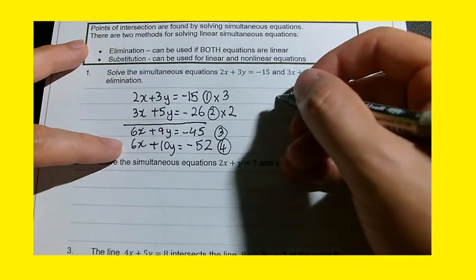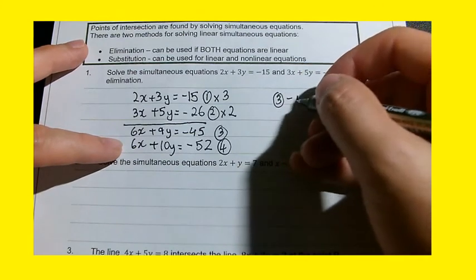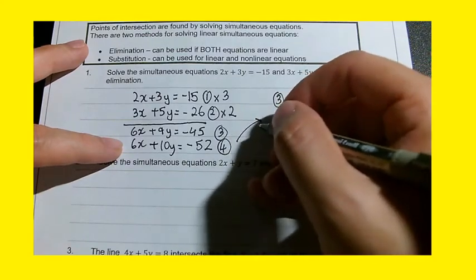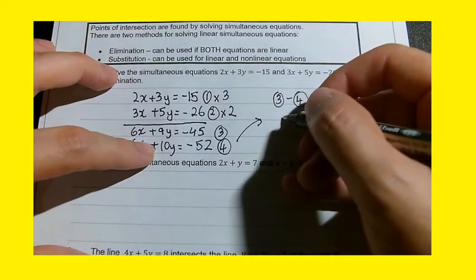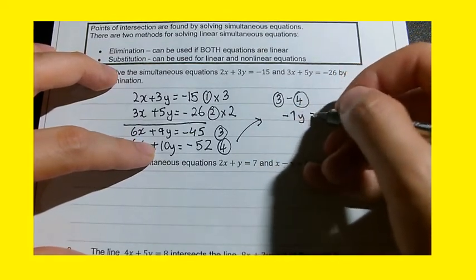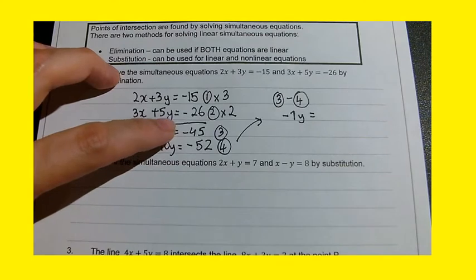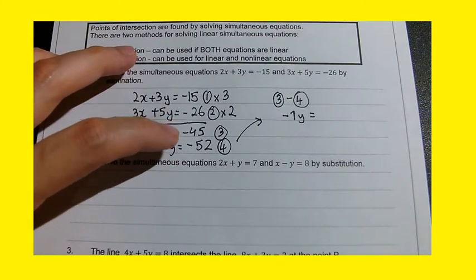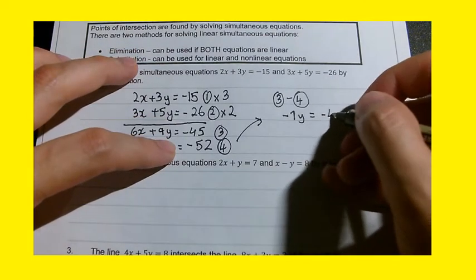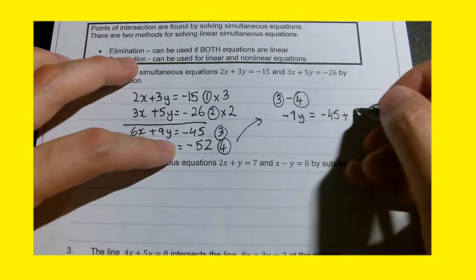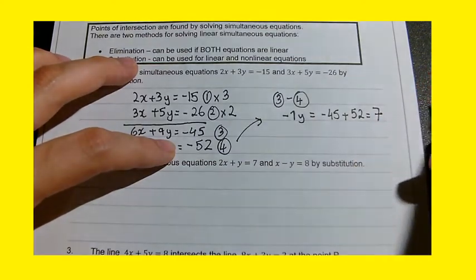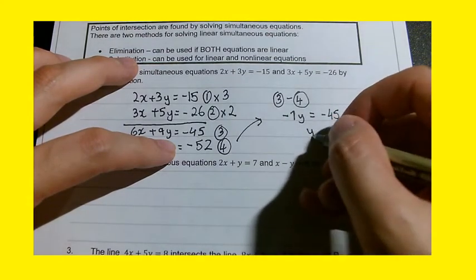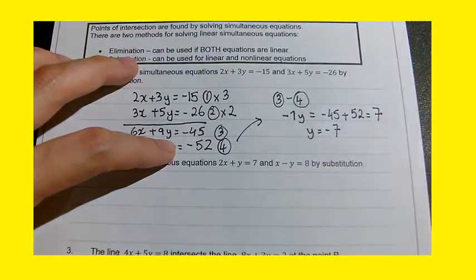So I'm going to do equation 3 minus equation 4, and when I do that, the 6 minus 6 goes away. 9 minus 10 is minus 1y, and minus 45 minus 52, which means it's a plus 52, will give us 7. Okay, therefore y is equal to minus 7. Okay, so if minus 1y is equal to 7, y is equal to minus 7.